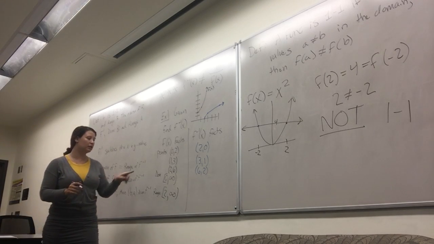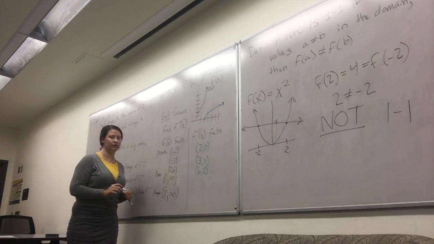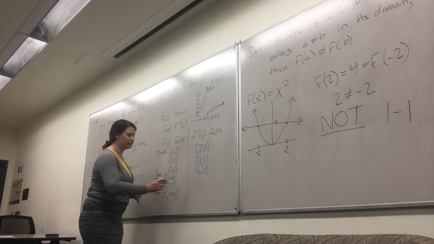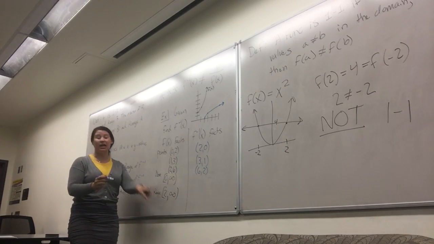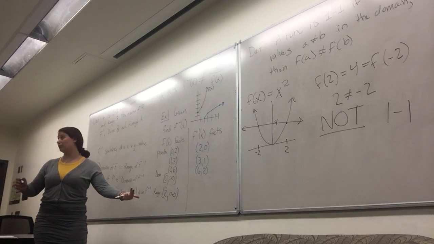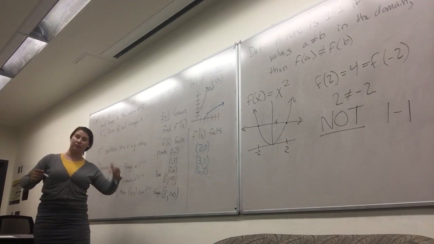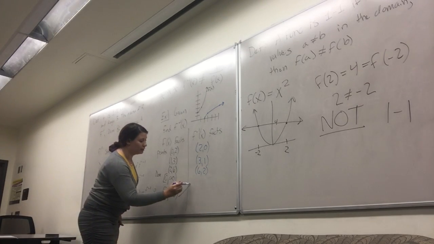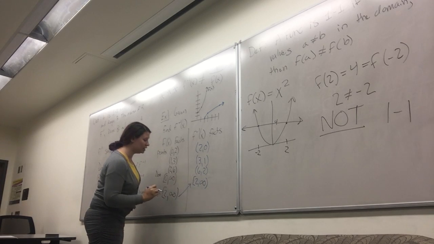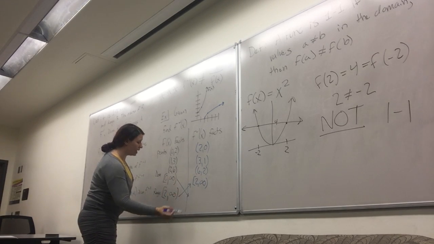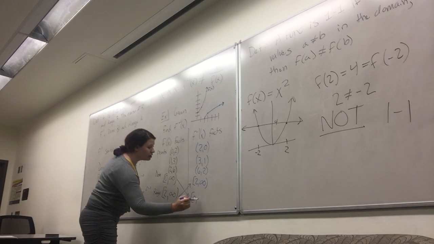So, what's the domain of f inverse? Same? 2 to infinity. Not the same, they flip, remember. Gotta exchange them essentially, right? The range becomes the domain, so it's 2 to infinity, and the domain becomes the range, so it's 0 to infinity.